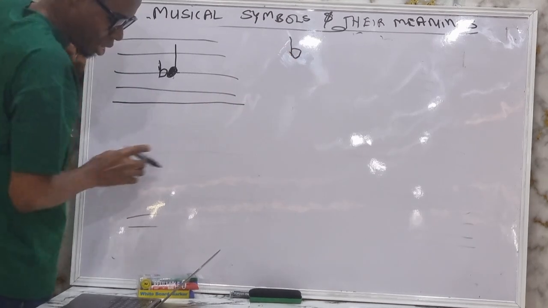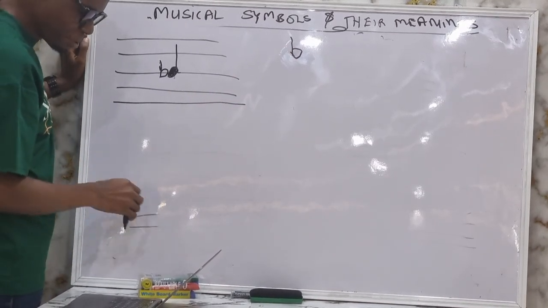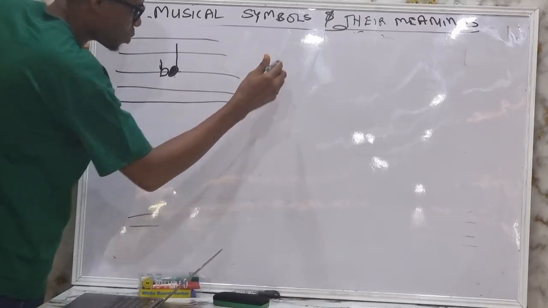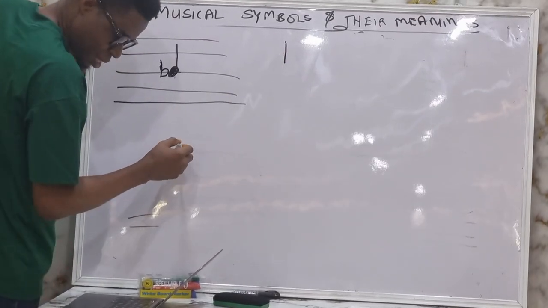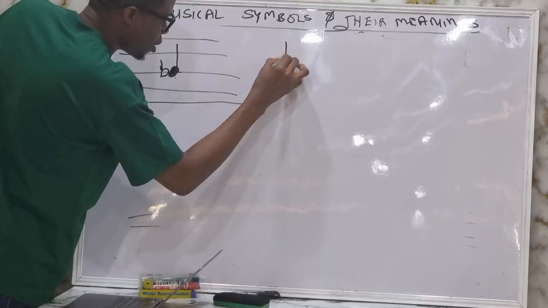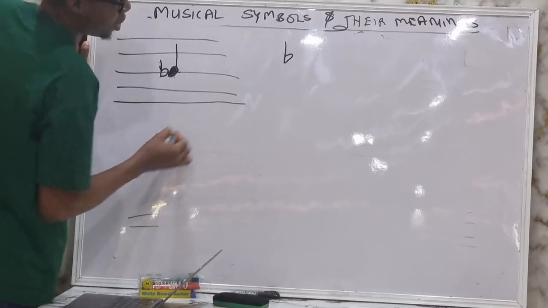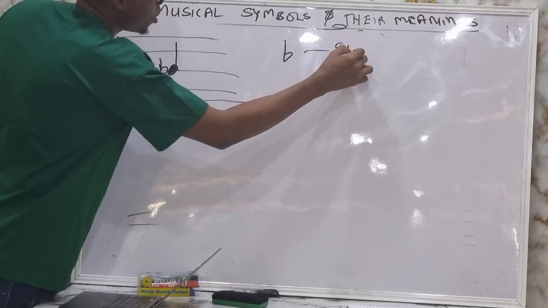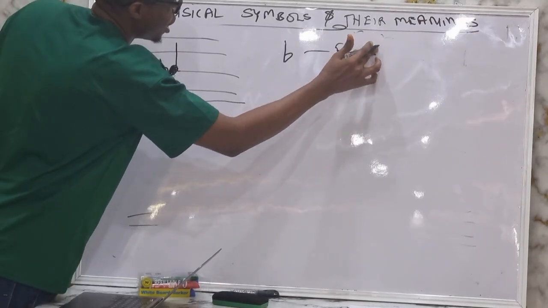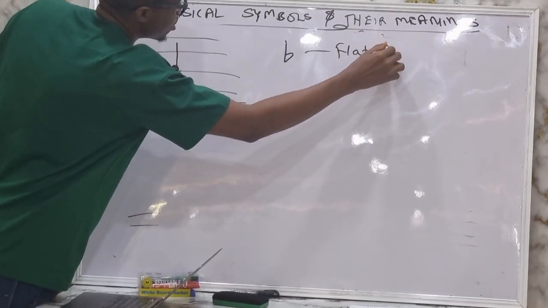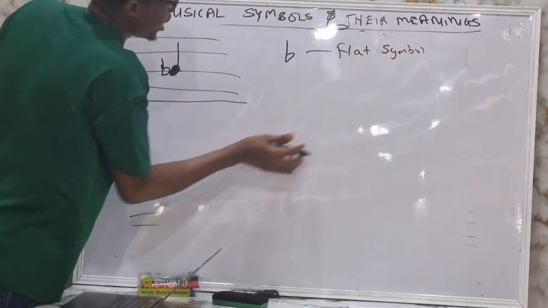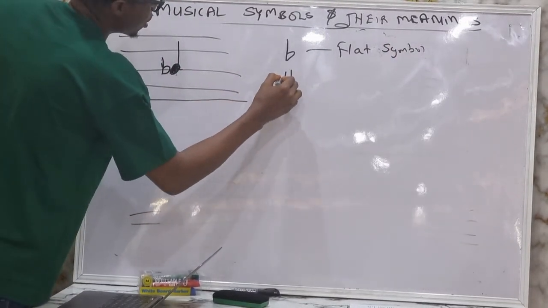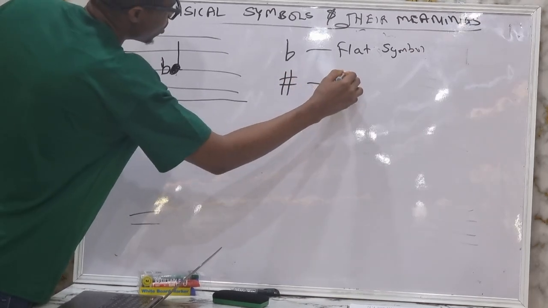I'm not drawing it very well. It's a straight line, and then it comes with it something like this. So this is your flat symbol. It's not big flat, that's your flat symbol, and then the other one is the sharp. This is your sharp symbol.